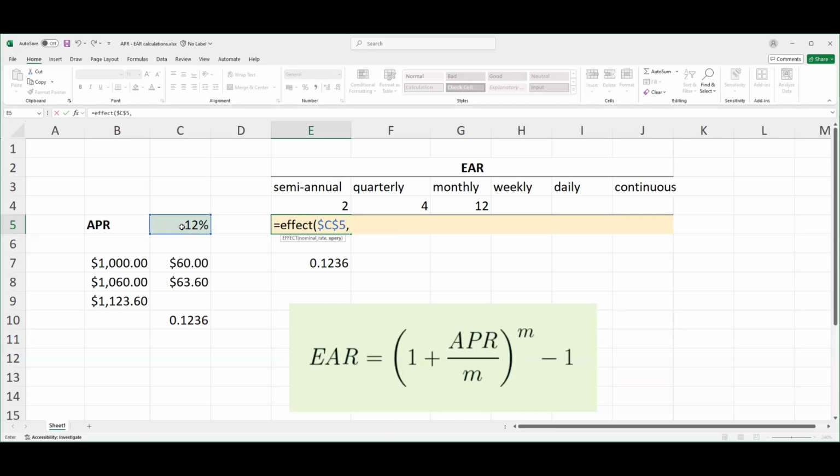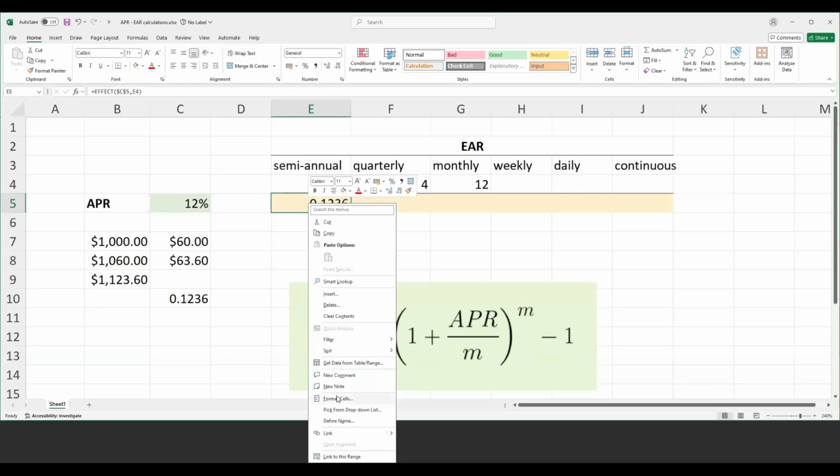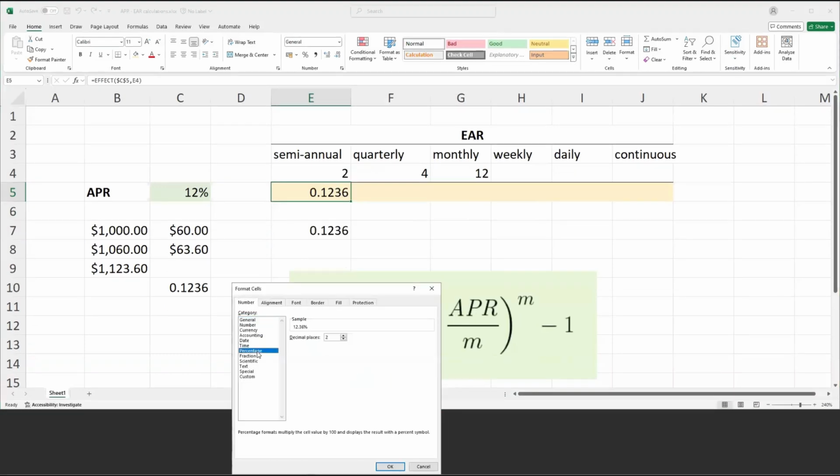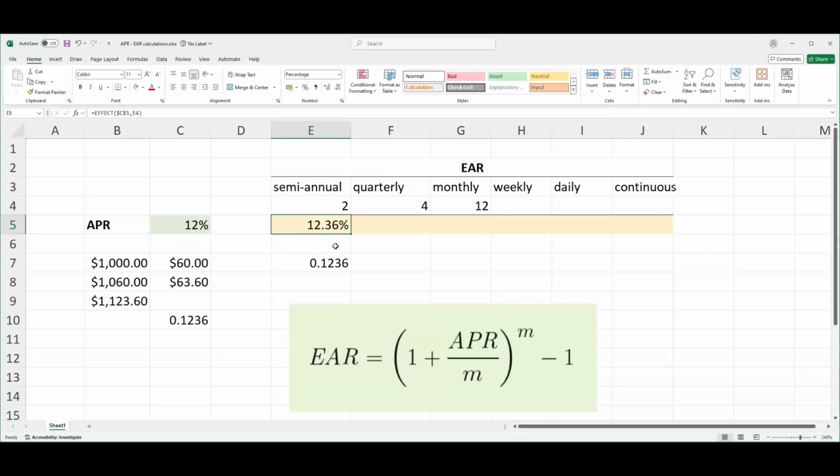The next thing you need to enter is the number of periods per year, which is of course 2 if it is semi-annual compounding. As you can see, I've got again the correct figure here. Format as percentages, 12.36%.